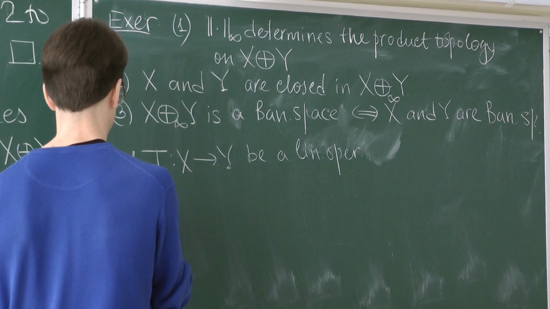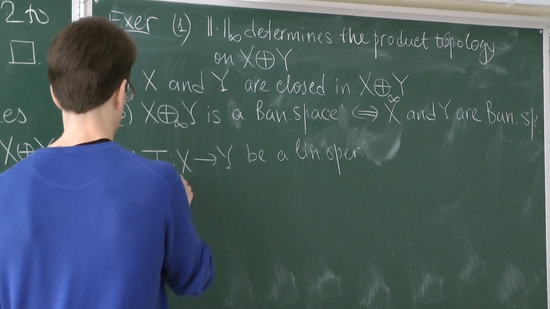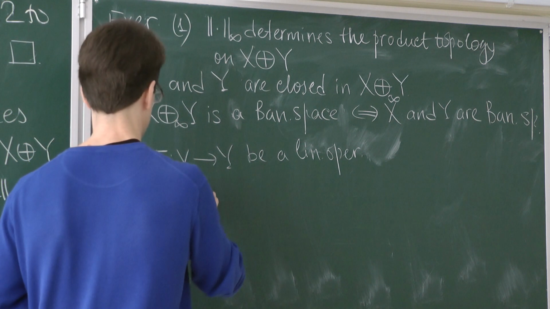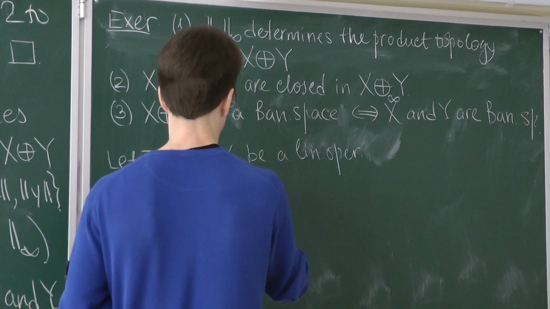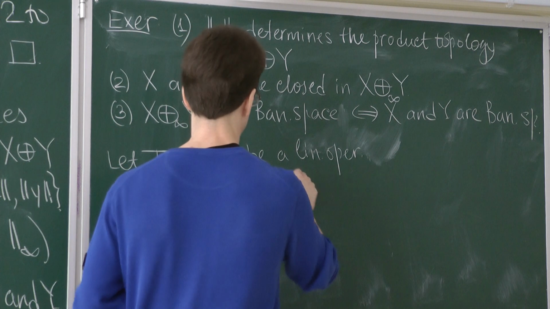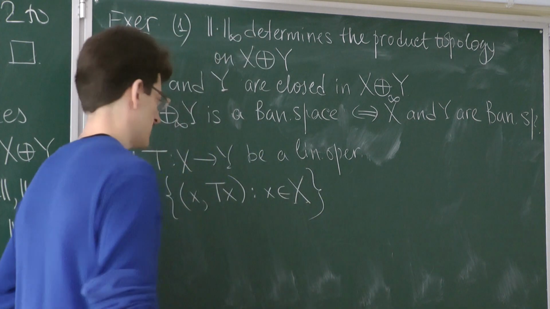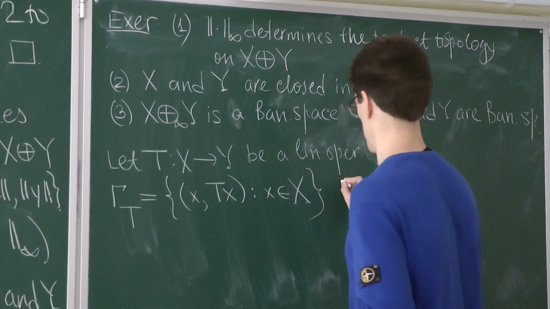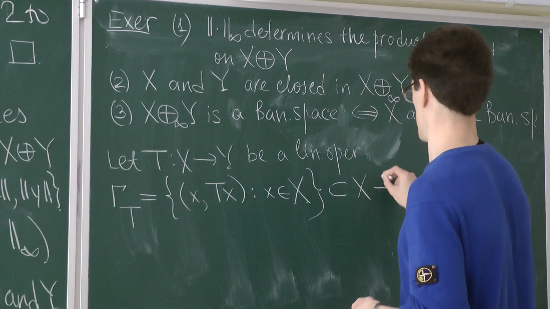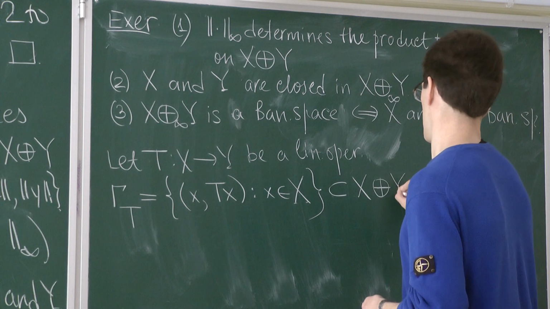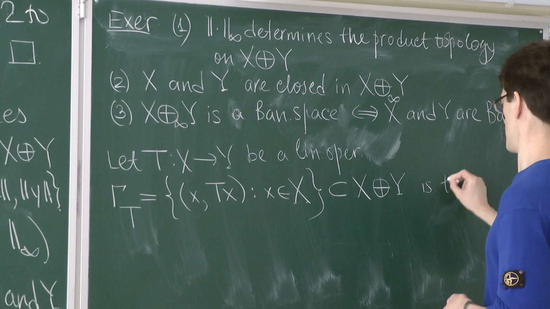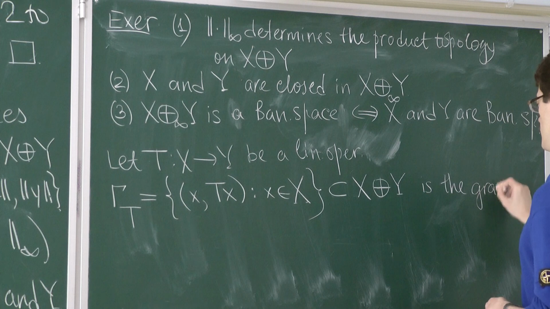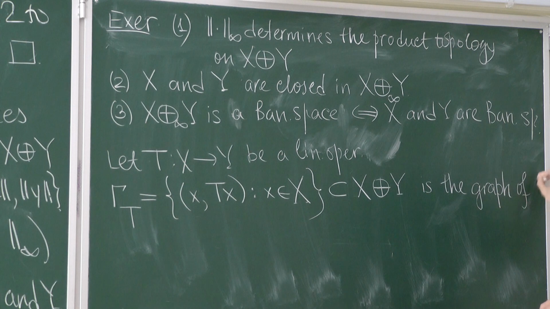We denote the graph by gamma T. So this is the set of all pairs of the form x and Tx, where x runs over big X. So this is a subset in the direct sum, and we call it the graph of T.